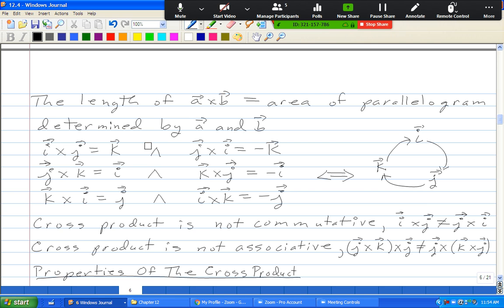Next, it's not associative either. So you can't change the order, nor can you regroup. So the cross product is not associative.